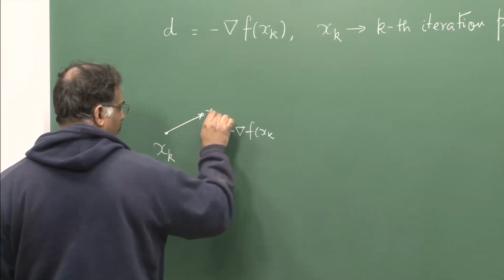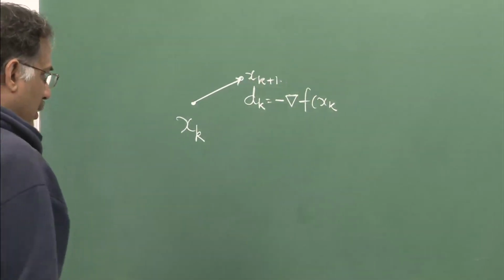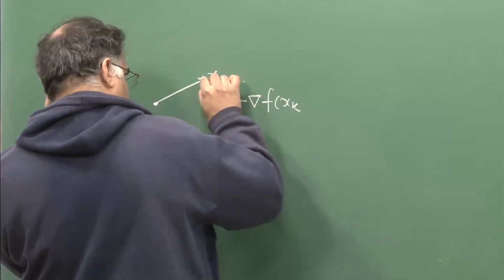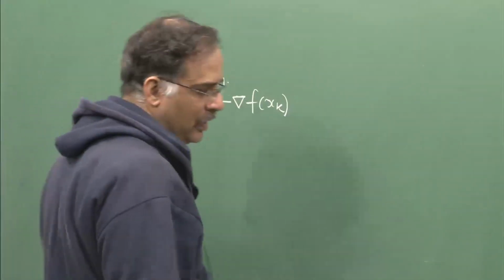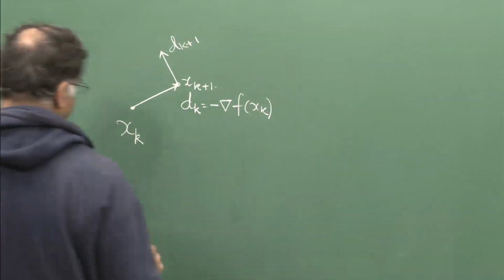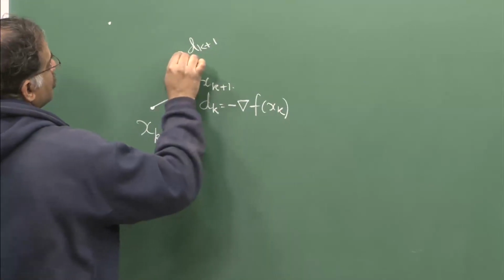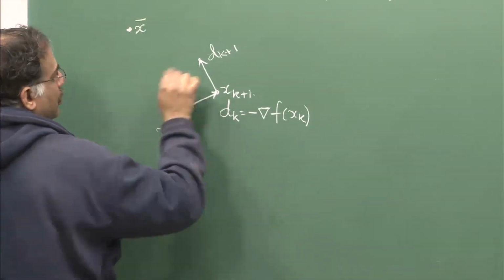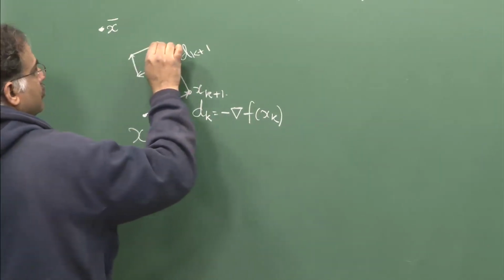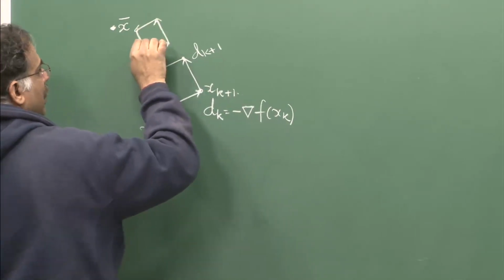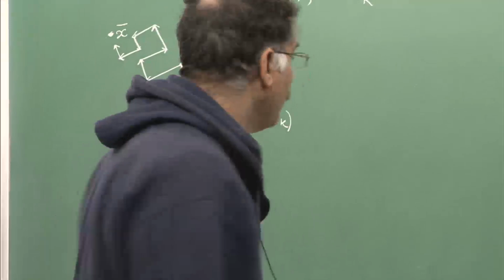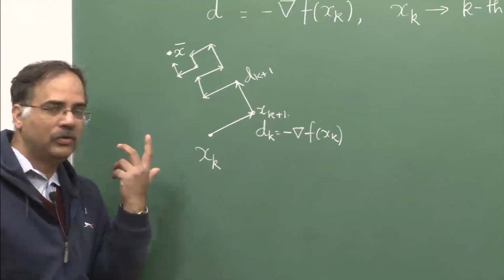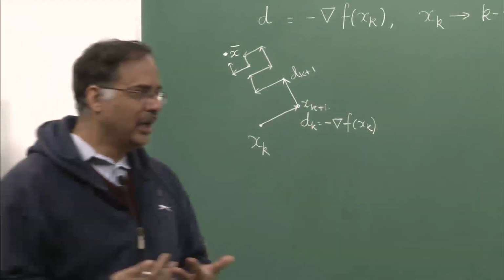If this is my x_{k+1}, then the descent direction from there, that is negative of grad f(x_{k+1}), would be perpendicular to d_k. As a result, if this is the actual optimum, my x bar, the steepest descent method will move in this sort of zigzagging pattern, and this may just delay the progress towards the optimum. That is the whole issue at the core of the steepest descent method not being used so much in practice, and one has to bring in other methods that we are going to discuss, like Newton's method here.